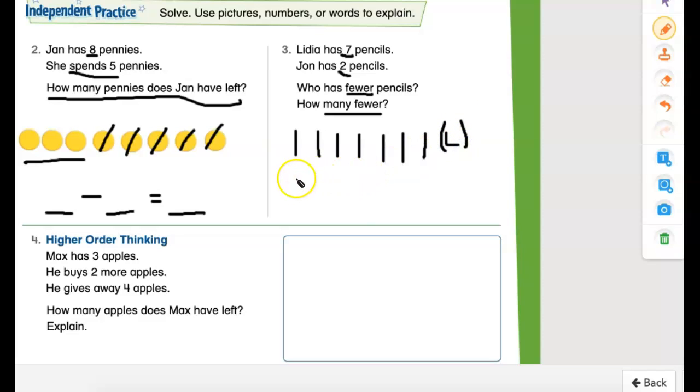If John has 2 pencils, so he has 1, 2. I'm going to write a J next to these pencils. So if Lydia has 7 pencils, so all I did was make 7 pencils. John has 2 pencils, so I wrote 2 pencils here.